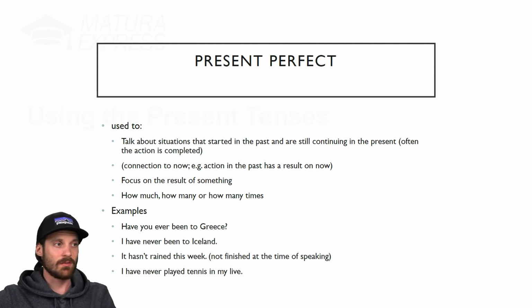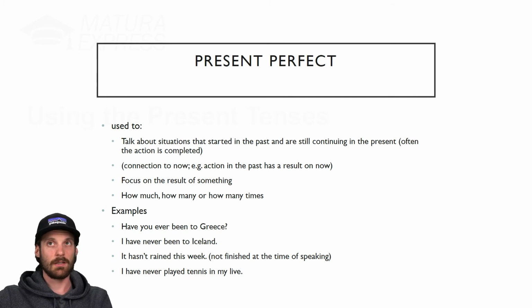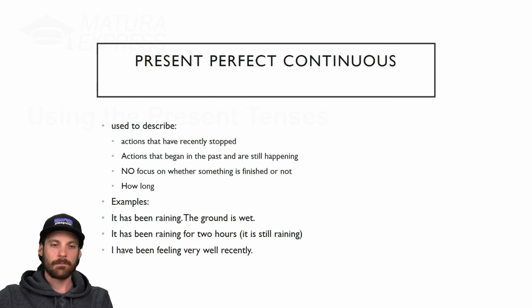It hasn't rained so far. So far, it hasn't rained this week, but it might rain this week. Never know. Maybe it's just Wednesday, so there are a few days to go. Or I've never played tennis in my life. So my whole life, I've never played tennis.